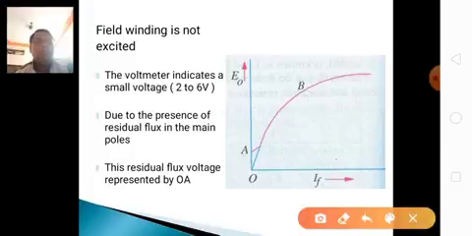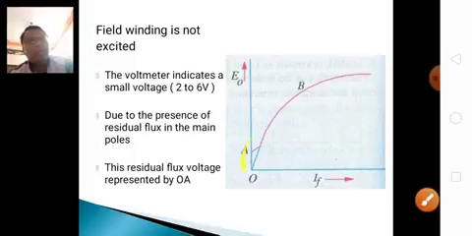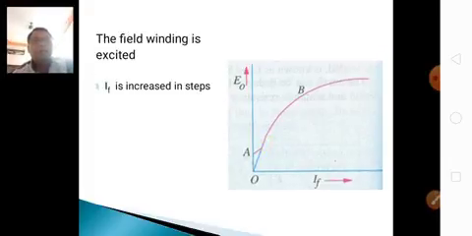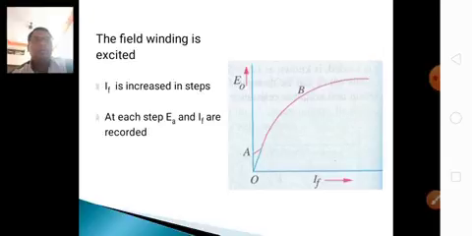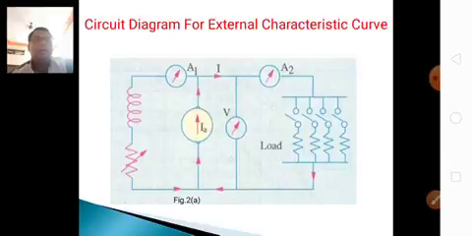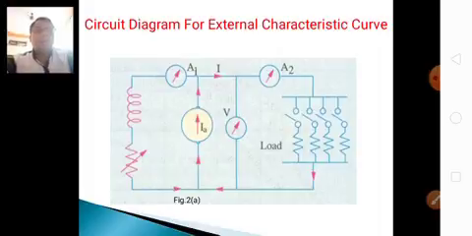When the field winding is excited, if If increases, the output E naught will increase, and at each step Ia and If are recorded. So this is the characteristic curve for the DC shunt generator, drawn between E naught and Ia.